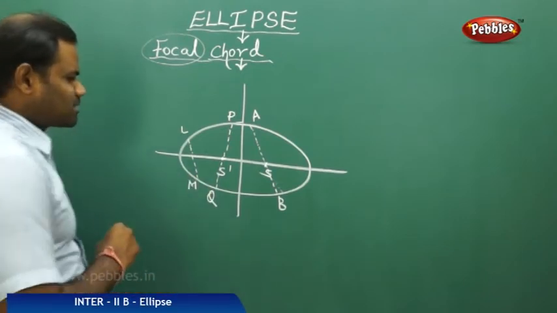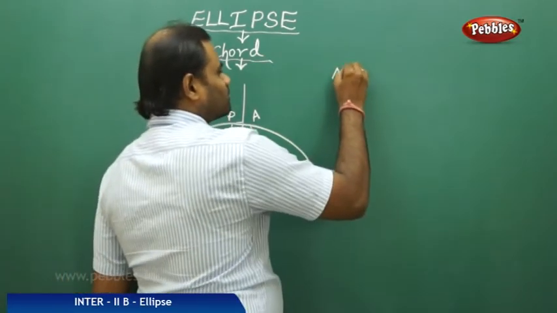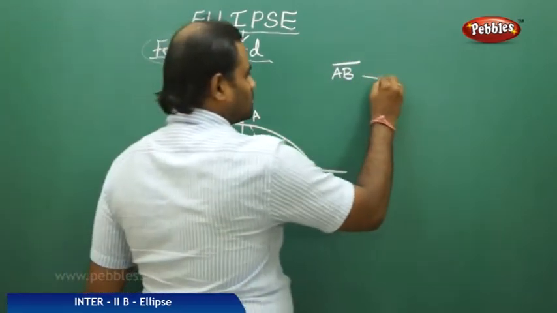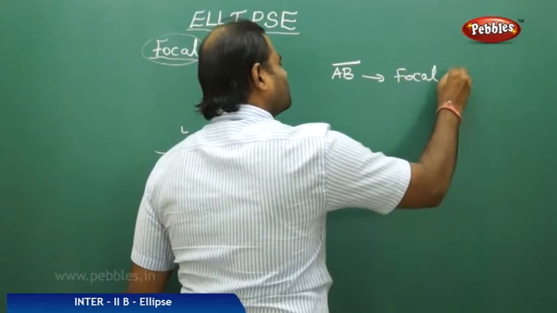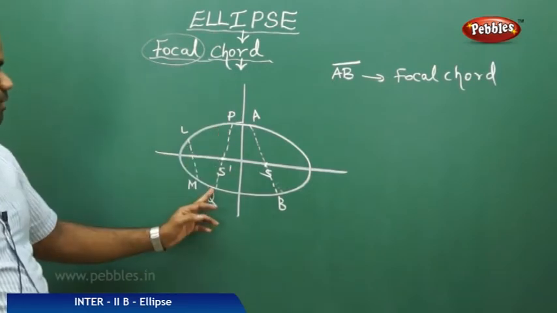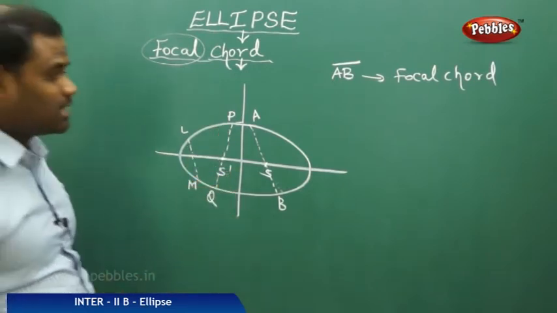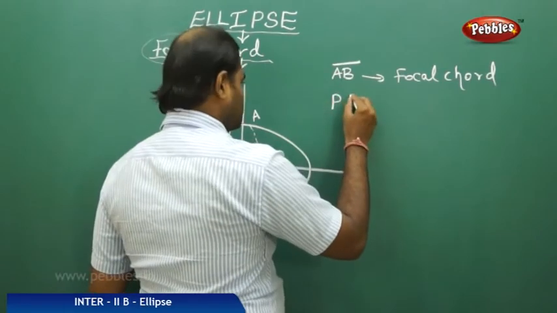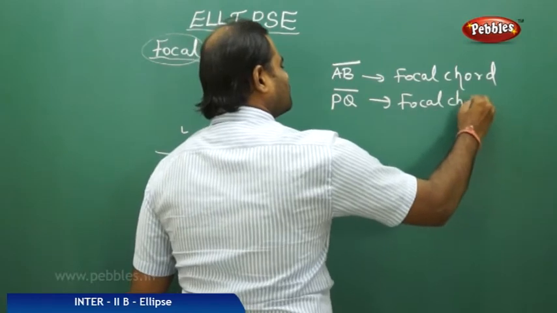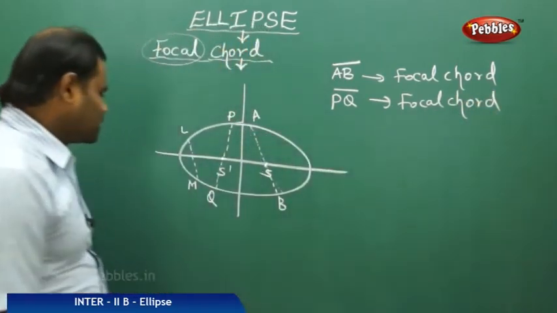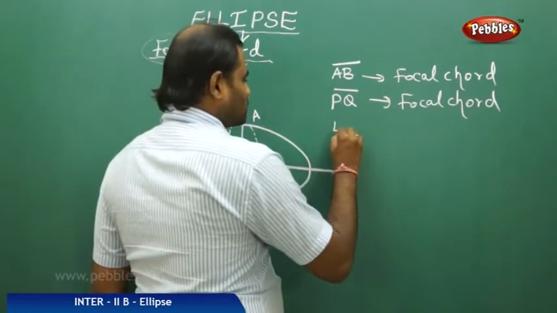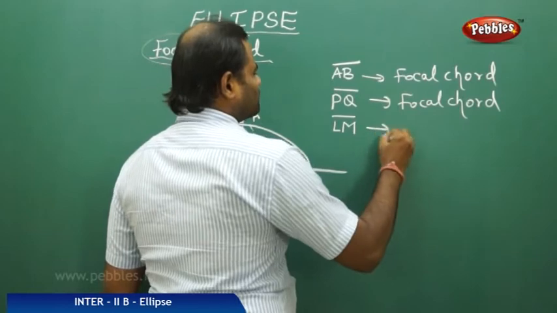Now in these cases I say that AB, which is passing through the focus S, is called the focal chord. Similarly, the line segment PQ which passes through the other focus S dash is also a focal chord. But the line segment LM which doesn't pass through either S or S dash is not a focal chord, but is just called a chord.